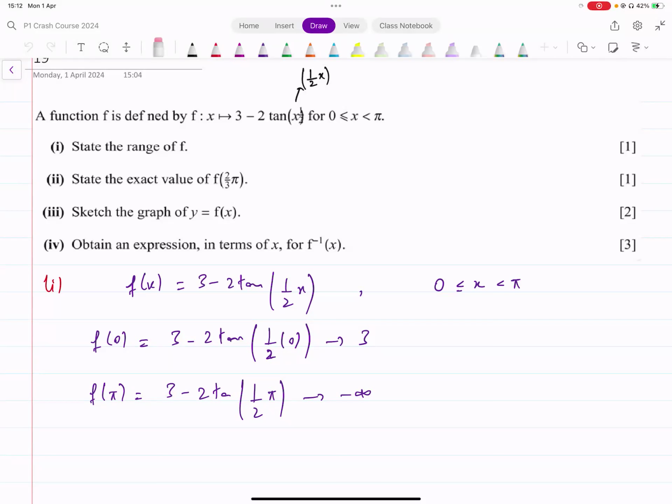Now, if I start from 0 and end at pi, and take a step of maybe pi over 8 or pi over 16, a small step, and make a table, you can see the pattern in the table.